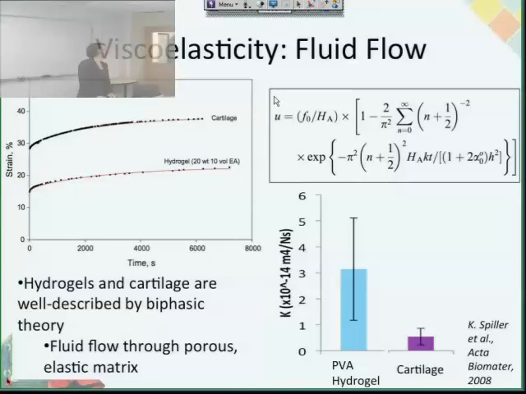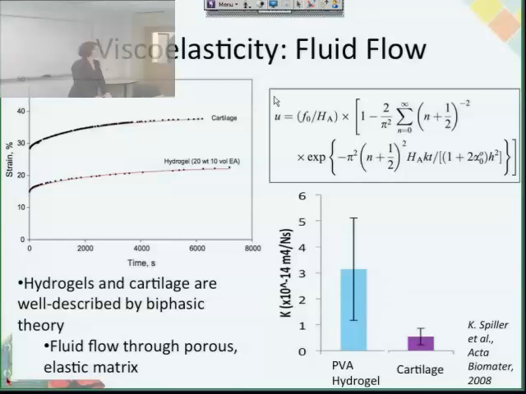And the equation up there is strain as a function of time. There are some terms in there, like the stress that you apply in a creep experiment. You remember that creep is when you hold a constant stress and you see how much the material creeps over time. That creep is sort of like how much fluid was moving around. The aggregate modulus, HA, is a measure of its stiffness in this fluid-flowing situation.